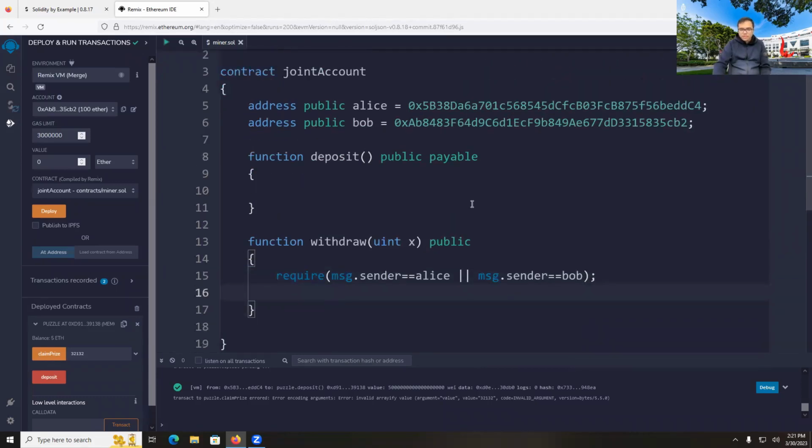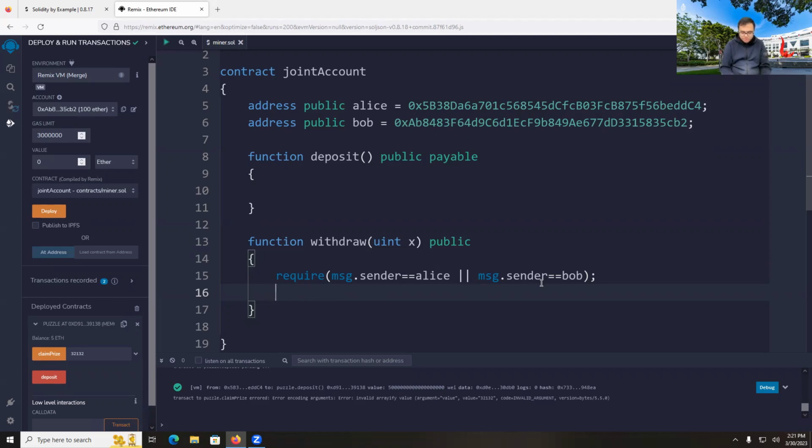Okay, so if anyone else calls withdraw, their transaction will just be reverted here, and they're just wasting their gas money, because whenever they're creating a transaction, they're paying for gas anyway if that transaction gets added to the blockchain. But it has no effect because everyone on the blockchain will just run this withdraw and see that this require fails. So no one can actually withdraw except for Alice and Bob.